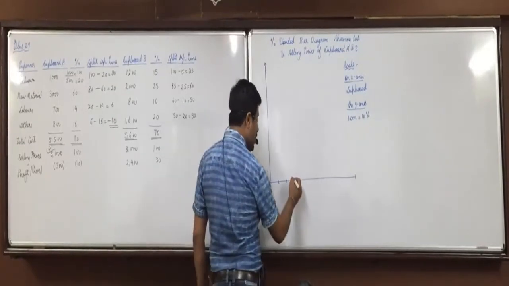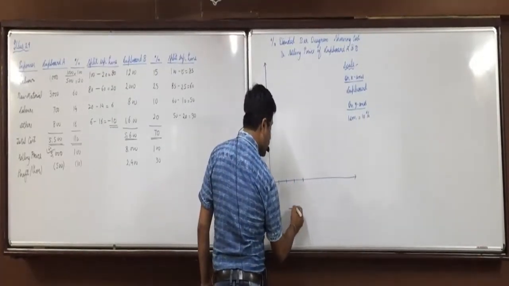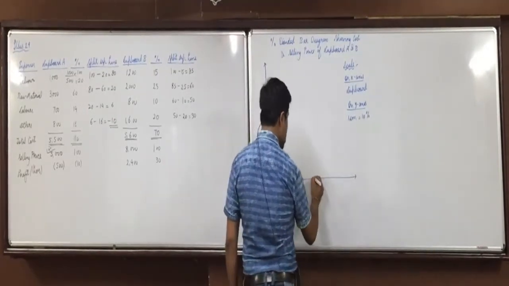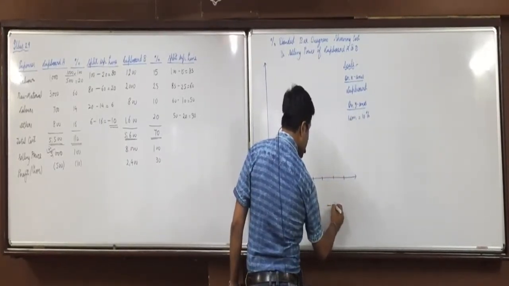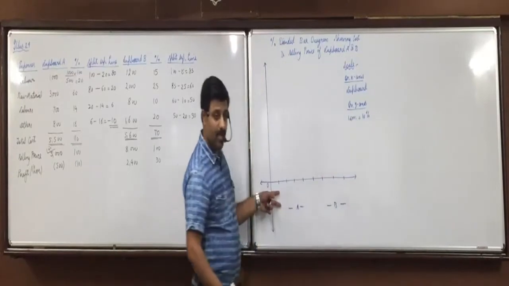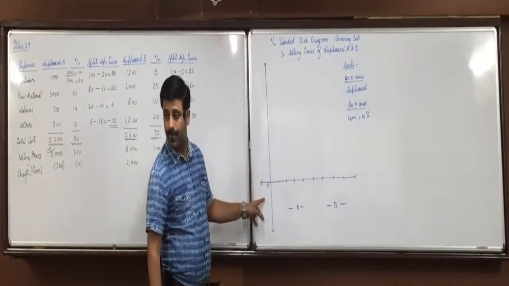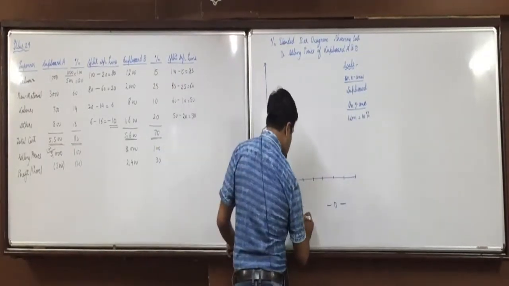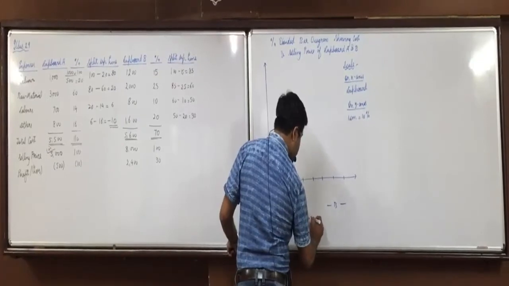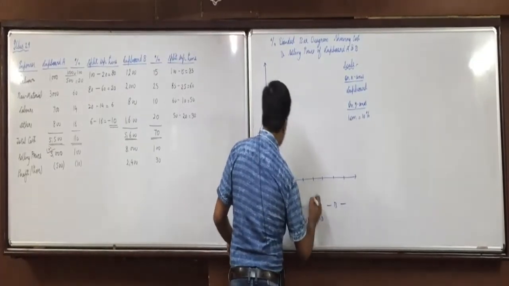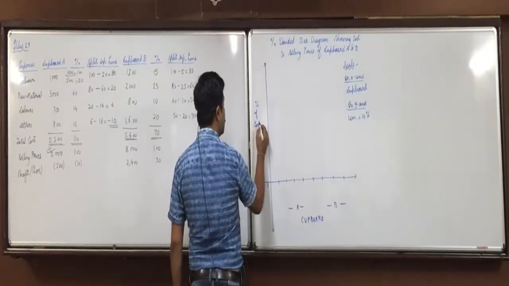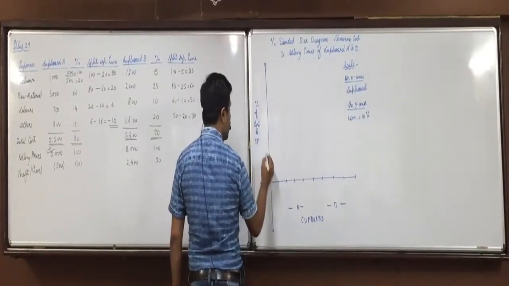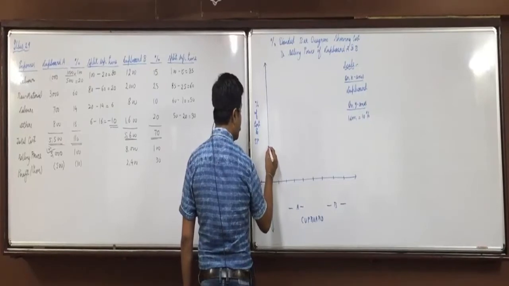Then 2 for A, then 2 centimeters blank, then 2 for B. And I'm writing it a little below because minus 10 you will show. So slightly below that you'll write cupboard. And here percentage of cost and selling price. 10, 20 up till 100.